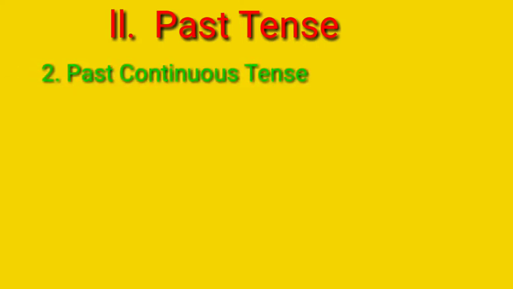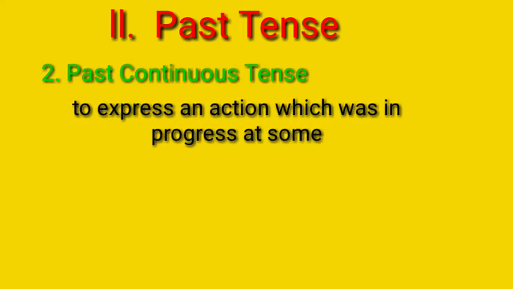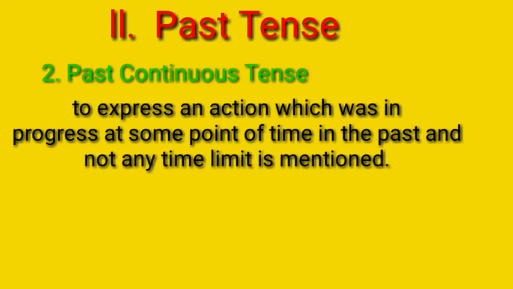Next, let us learn about the second division of past tense, that is past continuous tense. We use past continuous tense to express an action which was in progress at some point of time in the past, but whose time limits are not mentioned.